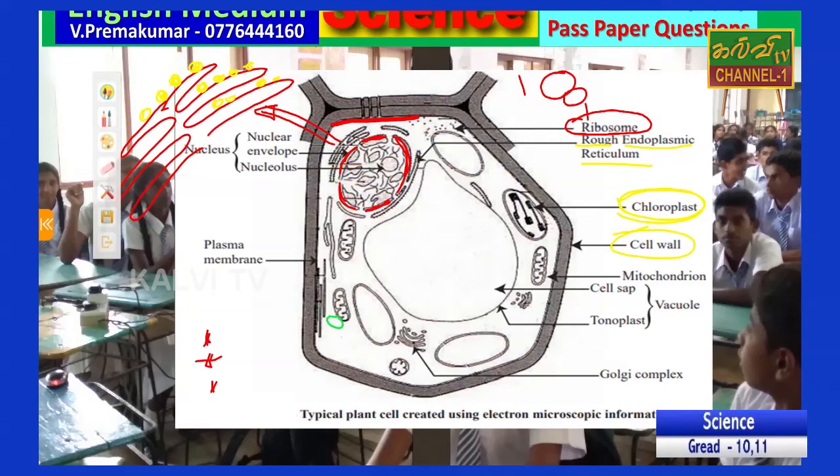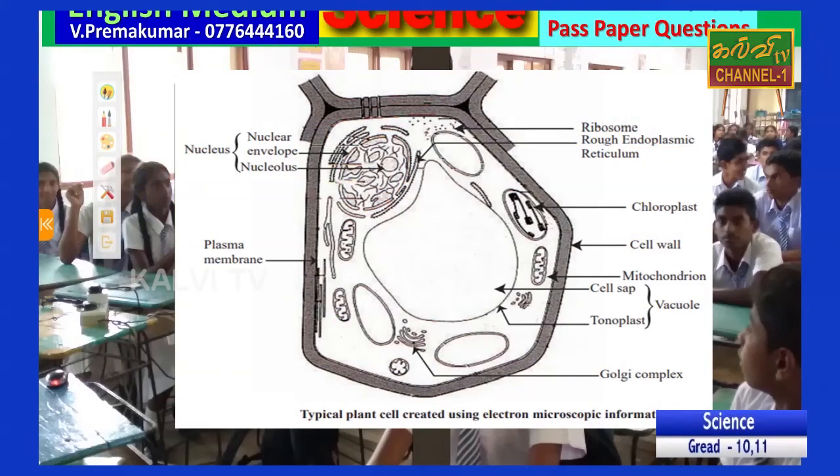Then mitochondria. That mitochondria can be explained like this. When we cut the mitochondria, we can find two membranes. The mitochondria has two membranes, and it is mainly important to produce energy and is involved in energy saving or energy releasing.